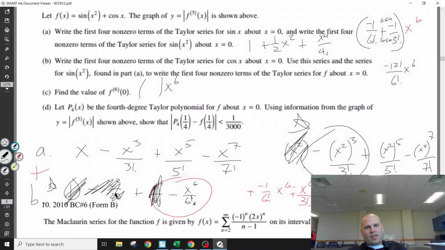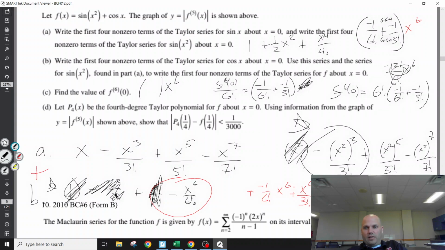And your 6th derivative over 6 factorial equals, I mean, listen, we could still work with this. Where you would say the 6th derivative of 0 is equal to 6 factorial times negative 1 over 6 factorial plus negative 1 over 3 factorial. They have to accept that. We kind of practice that. Oh, this is a tough one.